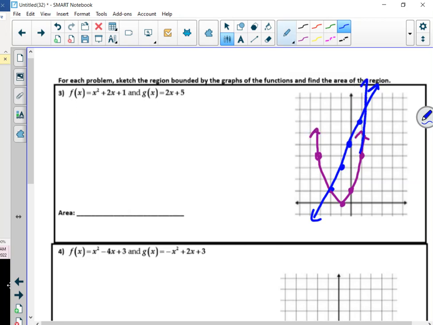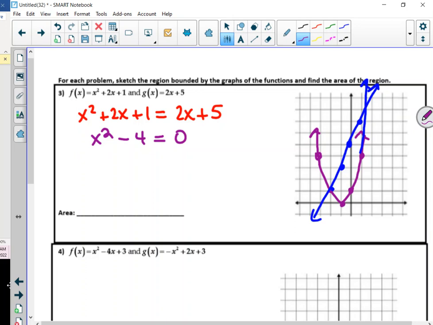Well, you don't need the graph to get the intersection. It's nice, but you can also get the intersections by setting them equal to each other and solving. That's an algebra way to figure out where they intersect. The 2x's subtract away, so this essentially becomes x squared minus 4 equals 0.